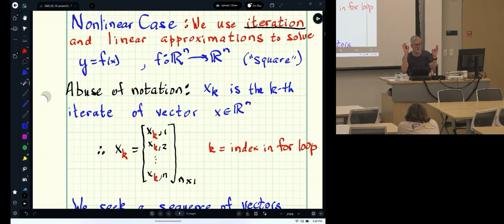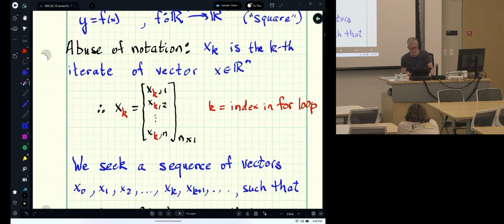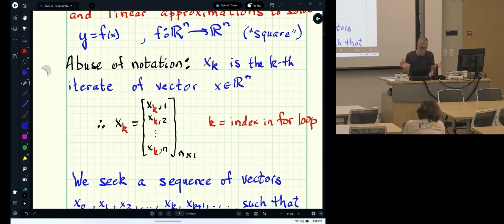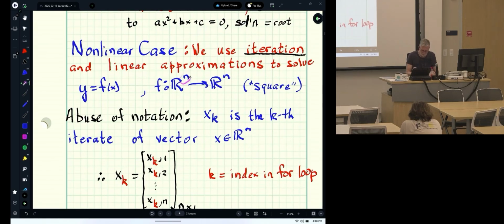Okay, so it is an abuse of notation. So in this way, when it's the kth iterate or the kth index in our for loop, it will have a first component, a second component, and an nth component. So x is an n vector.